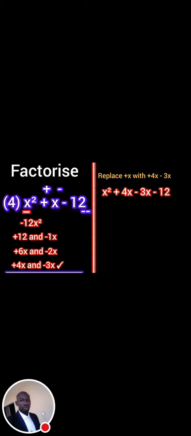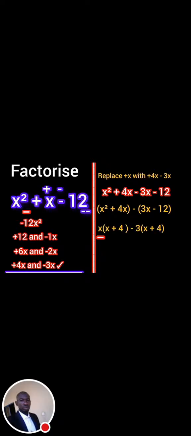Then we have open bracket x squared plus 4x close bracket minus open bracket 3x plus 12 close bracket. When you check, both of them have x. So we are going to factor x out. We now have x plus 4 close bracket. Since 3 can divide itself and can also divide 12, we are going to have minus 3 outside.